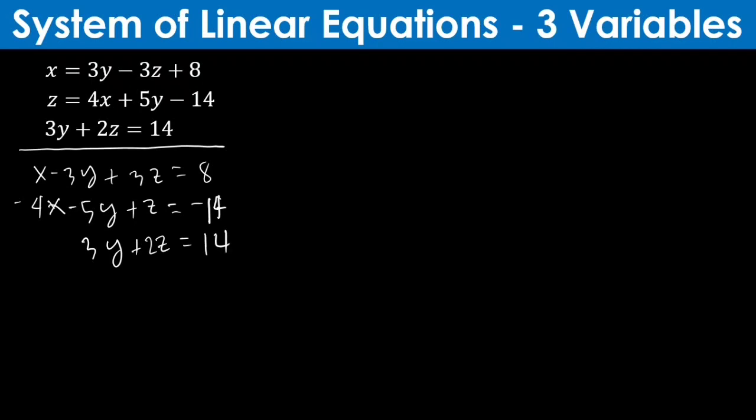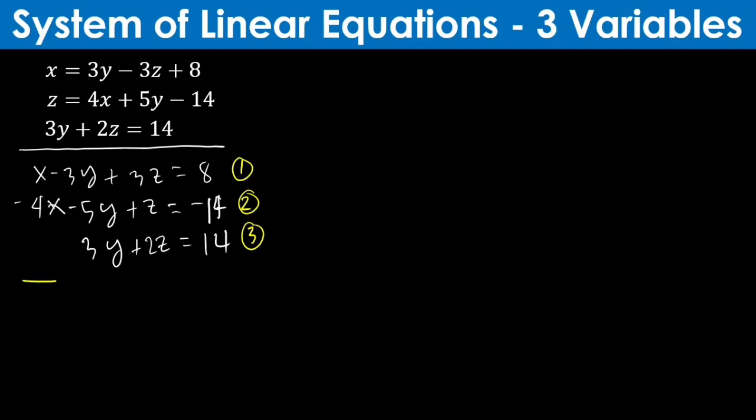Now, let's name this as our equation number. Equation 1, equation 2, and equation 3. Our equation 3 is already 2 variables, so we can leave it here. Now, if we go to 1 and 2, if we eliminate the x, we'll reduce to 2 variables, y and z, and then we can pair it to equation 3.